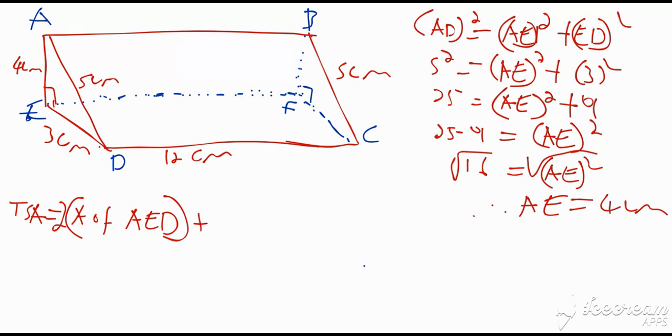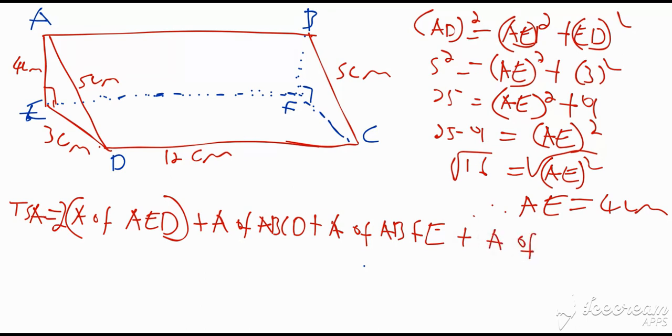We can also talk about the area of the front, which is the area of ABCD. All right. Let us look at the back, which is ABFE. So we have area of ABFE. And finally, we have the bottom, so we can say the area of DCFE. And we have all the information.